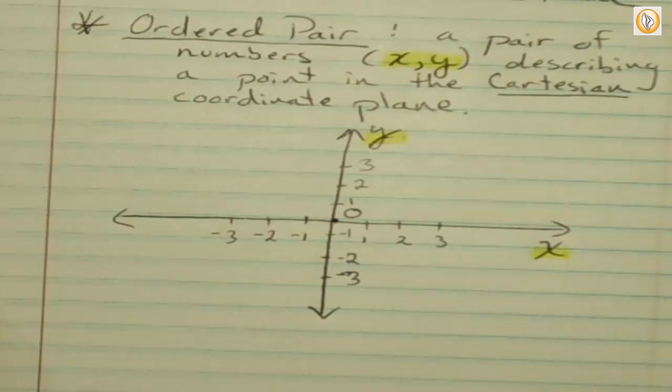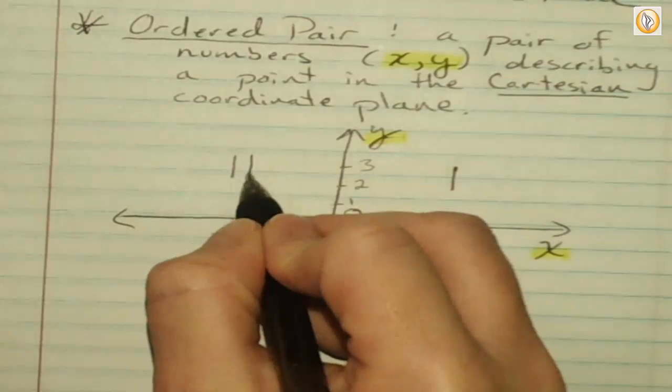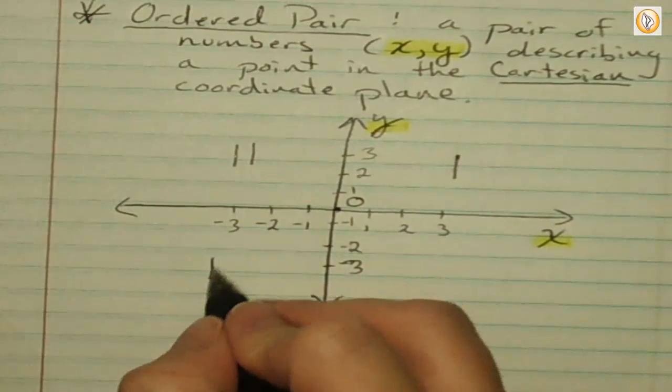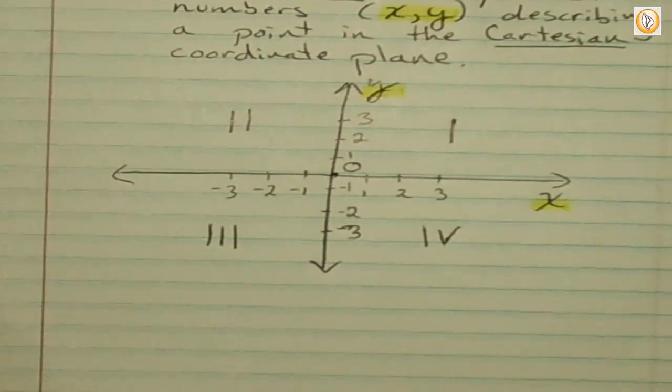Now, I'm going to teach you the quadrants, but you're not going to see that or be asked that very often. Even after you leave here, even with other teachers on tests, etc. This is the first quadrant, and it's in Roman numerals. Second quadrant, third quadrant, and fourth quadrant.